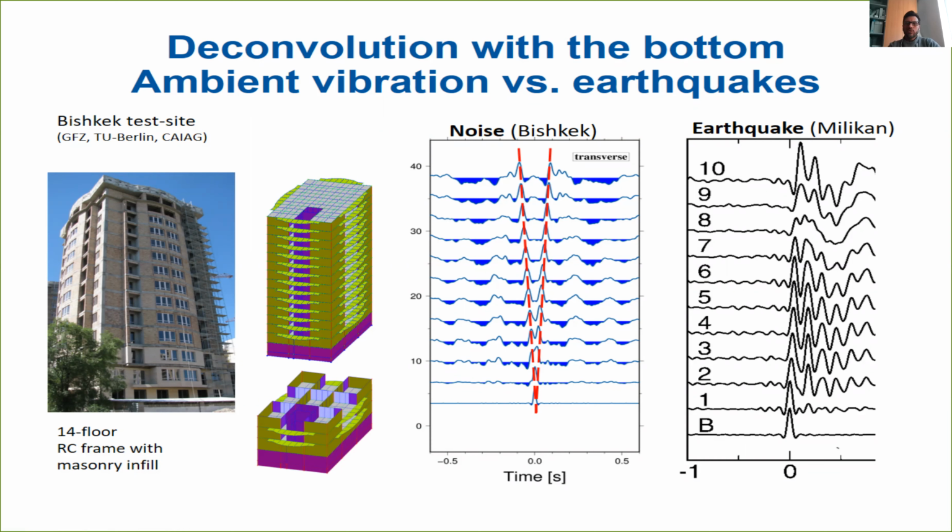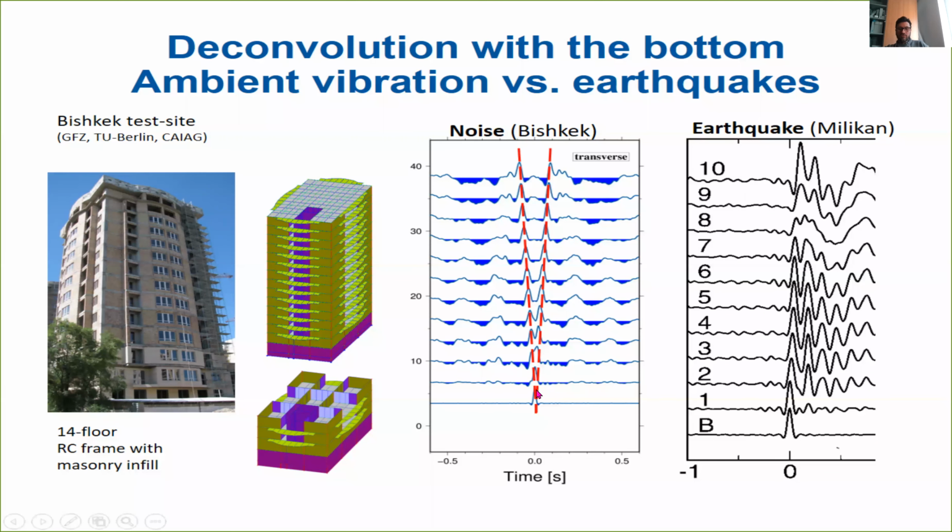Therefore, when we apply the same spectral ratio, let's say with the convolution of the shaking of different instruments installed in the building with one at the basement, differently from what we get from earthquakes, where we have only a causal part of the signal, when we have noise, we will see a causal and an acausal part of the signal. You see they are symmetric.